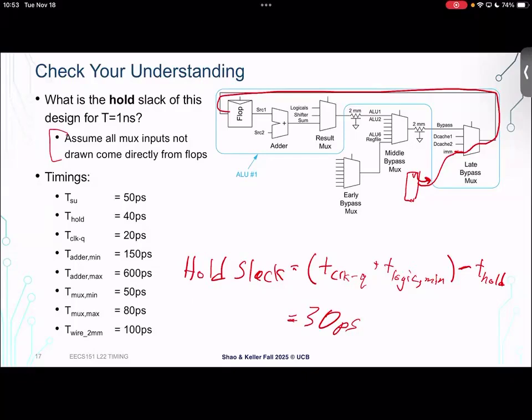In a production design, you're going to be a little more picky, right? Because it's not cost free. Adding these buffers can get pretty expensive if you want to add lots of slack everywhere. So in industrial designs, they'll do much more careful analysis to figure out exactly how much they think they need to add, and then still probably add some fudge factor on top of that, but it wouldn't be 100 picoseconds, it'd be less.